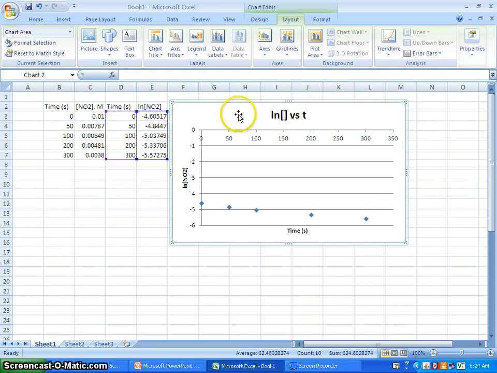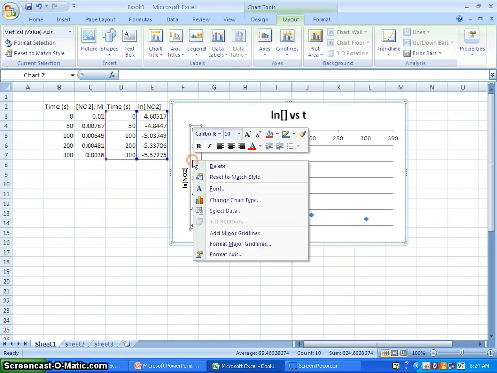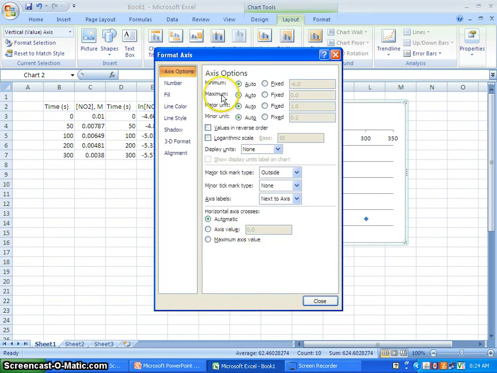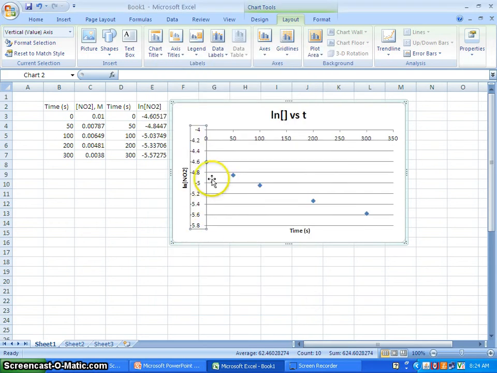Okay, so here's my graph for the natural log versus time. Now a couple things I want to do. This graph, it's hard to see any relationship here, and I've got all this dead space in the graph, so I'm going to highlight my graph, go to Format, right click, go to Format Axes. I'm going to change my fixed axes option to -4, so that way it kind of moves my graph up and I can see my data a little bit better. So it's basically starting here with -4.